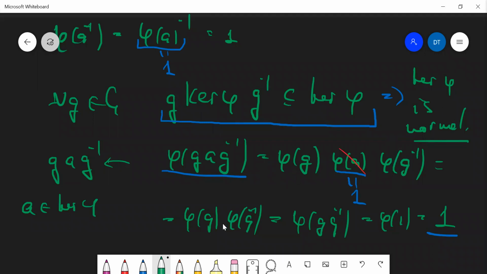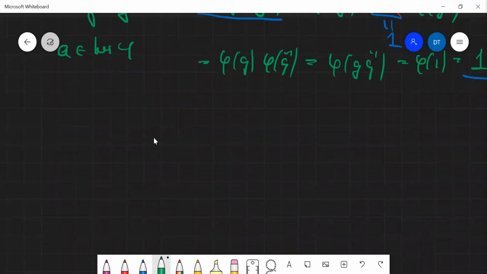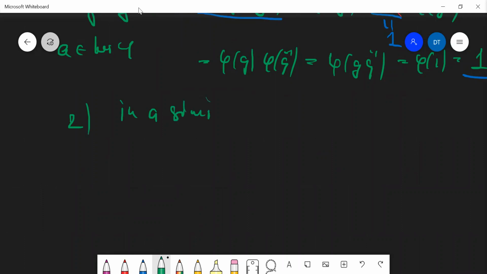Well, the second part can be proved in exactly the same way as the first one. So I want to skip the proof of the second claim because this is done in a similar way. The third one is just by definition.